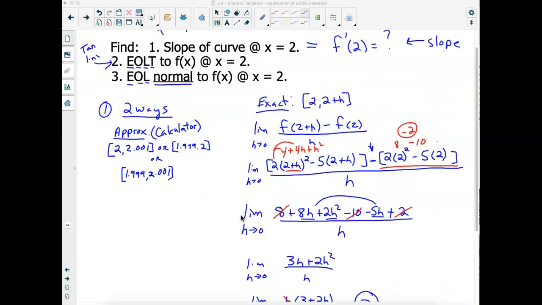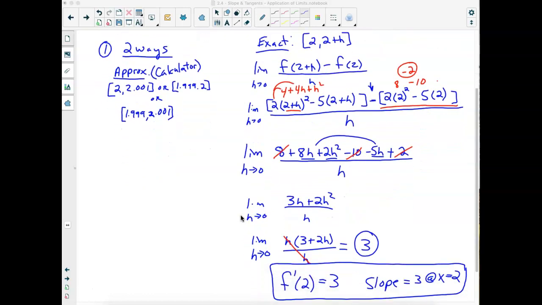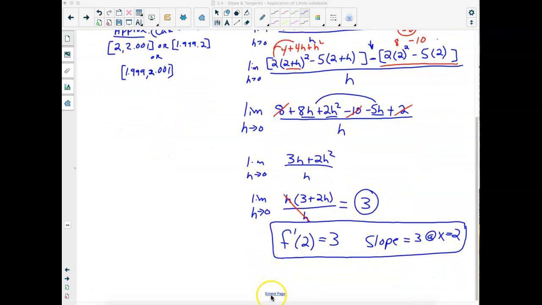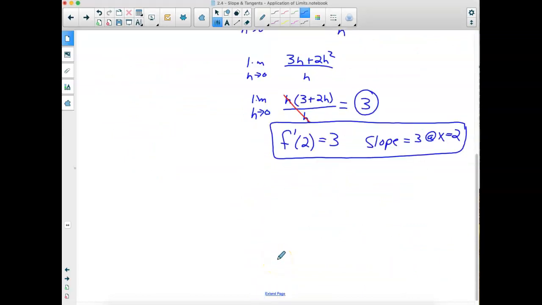Now we want the equation of the tangent line. Well, what do we need for that? In order to write the equation of a tangent line, we need a point and slope.